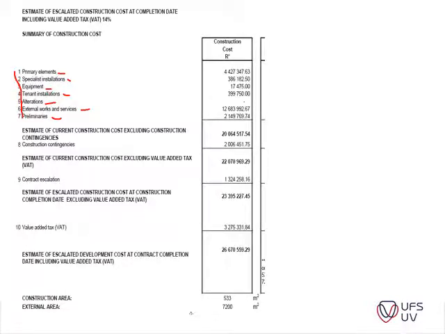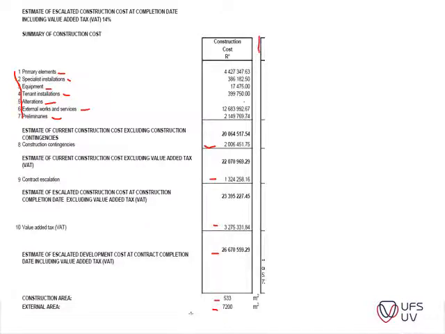Obviously then you calculate your construction contingency on top of that. You add your VAT to that, and then you get your estimate, which is much more accurate, and then from that you have your areas that you can calculate your areas with.